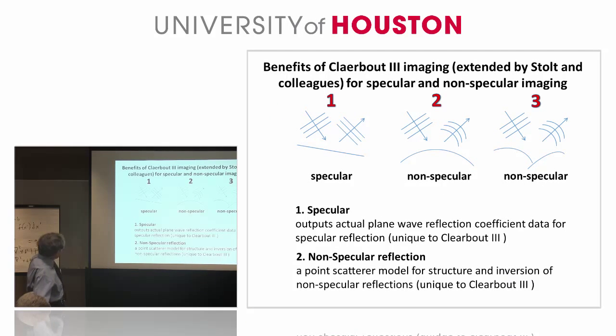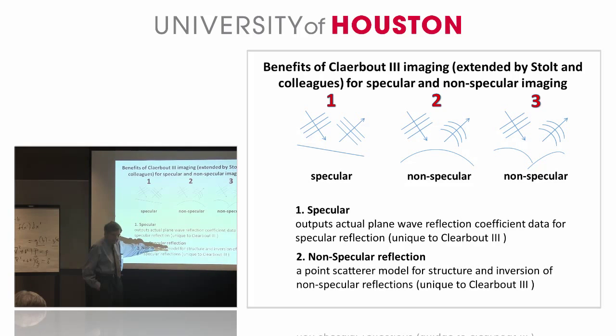So this is what we were saying. Claerbout III provides the experiment at any point. First it decides whether there is an image, and if there is, you have the opportunity to make a plane wave experiment there. So for specular, you get a plane wave reflection coefficient, which is what Zoeppritz and Bortfeld are talking about.